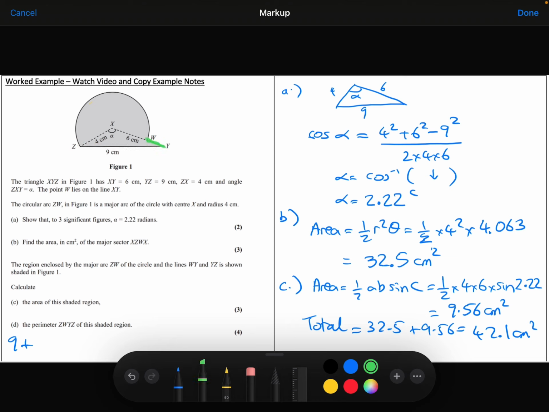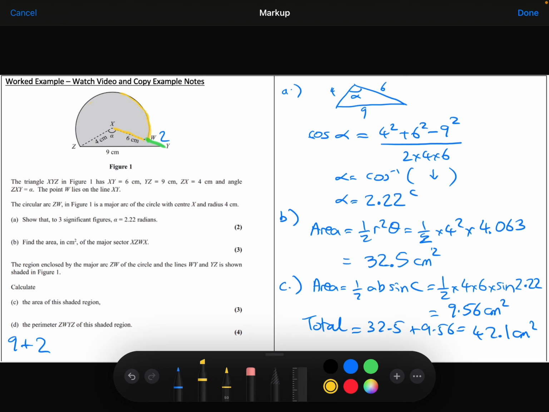This length here. Well, I knew that the whole thing was 6, and I know that this is 4 because it's the radius of the circle. Therefore, that's going to be 2. 6 take away 4.